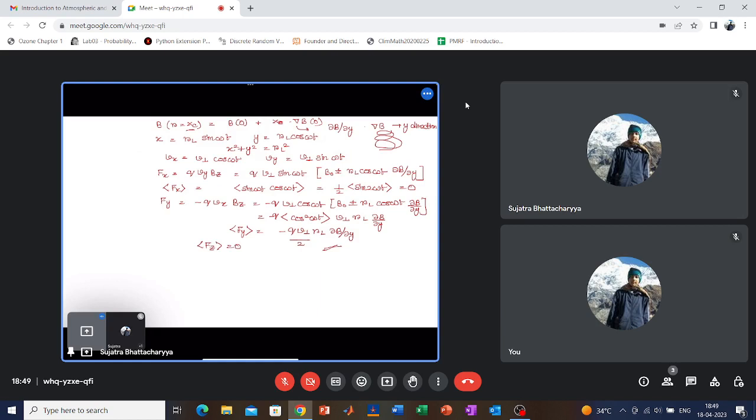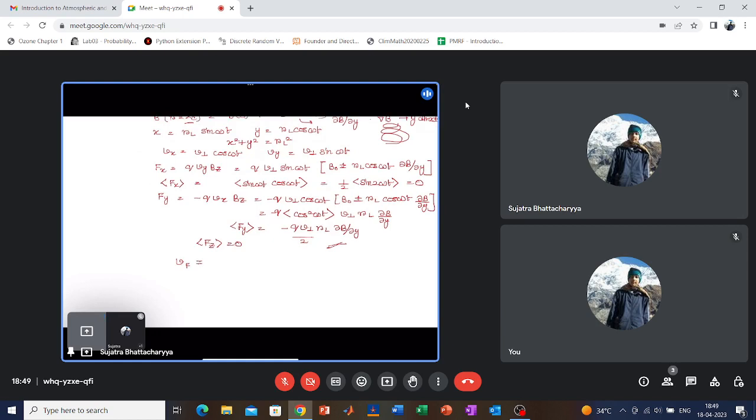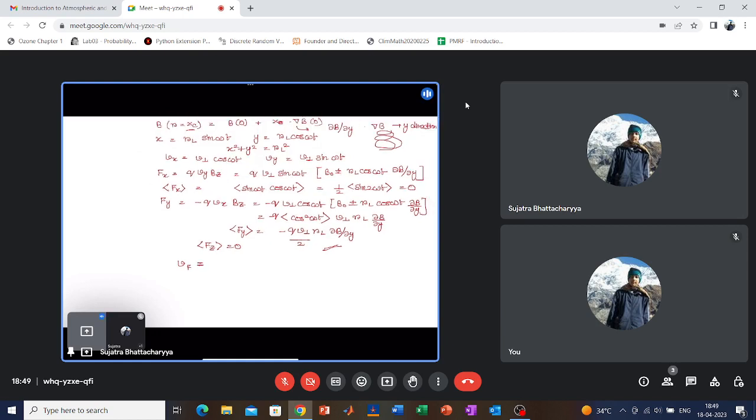Now the velocity V_f due to this gradient of the magnetic field, which is oriented in the y direction, can be written as 1 by q, F cross B by B squared. Now from where are we getting this expression? We are getting it from the drift velocity.